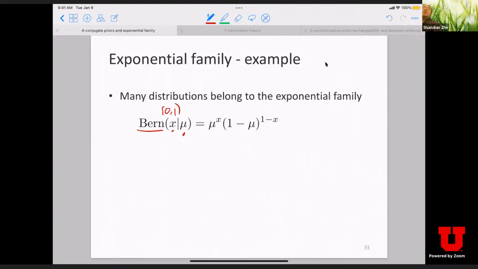Right? So now if we want to convert it to the standard form of the exponential family, what shall we do? Any thoughts? How can we connect it to the exponential family?